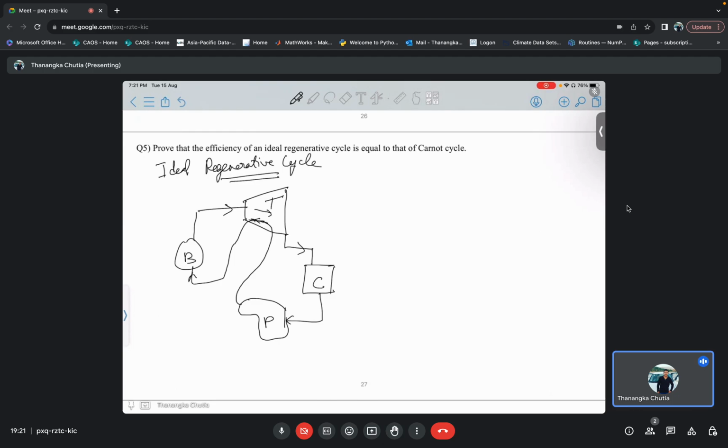If I name this point 3, this point 4, this point 1, this point 2, then this point will be 2 prime. Then let me draw the TS diagram of this one.